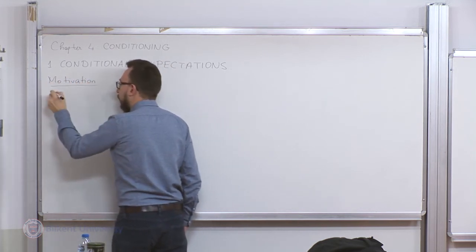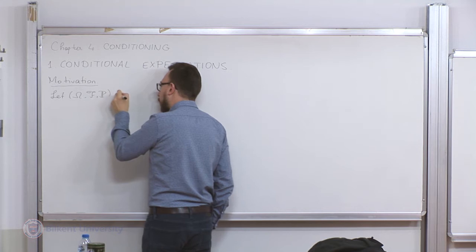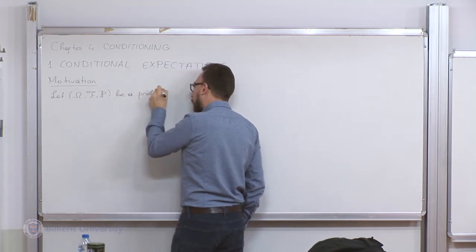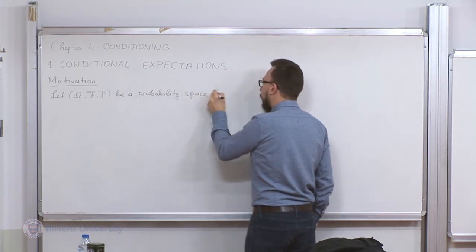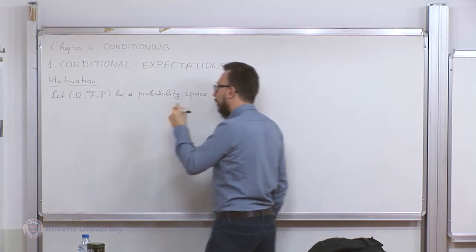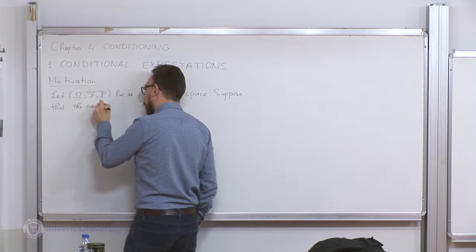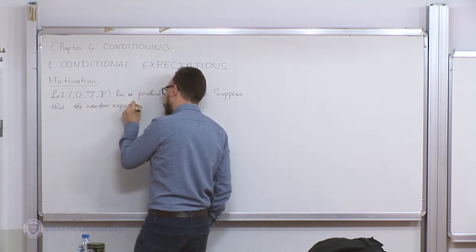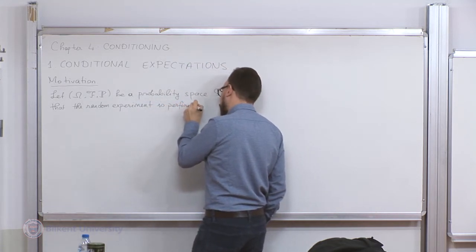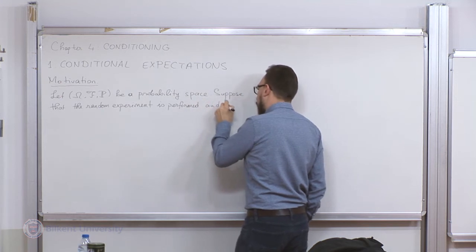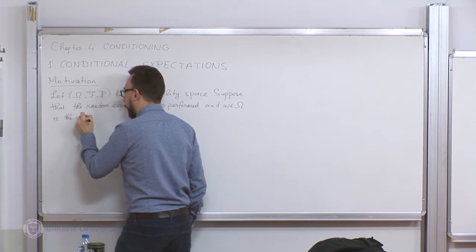So let's say we have a probability space. So suppose the random experiment is performed, and omega is the observed outcome.